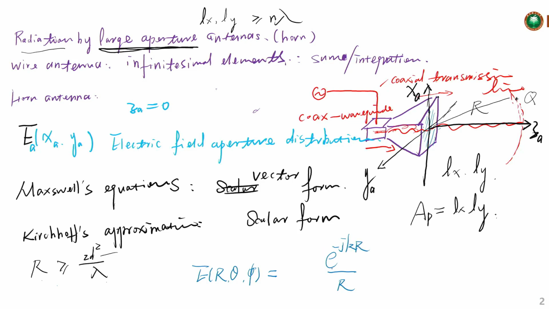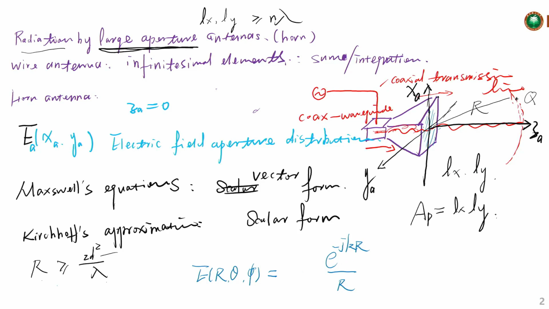This term is inversely proportional to the distance between both points, and it also represents its propagation direction. The minus means it propagates along the positive axis, and if this is plus, then it propagates opposite to the axis.